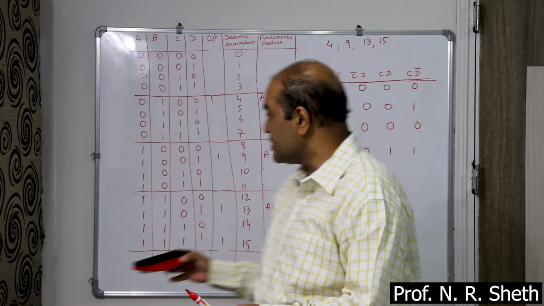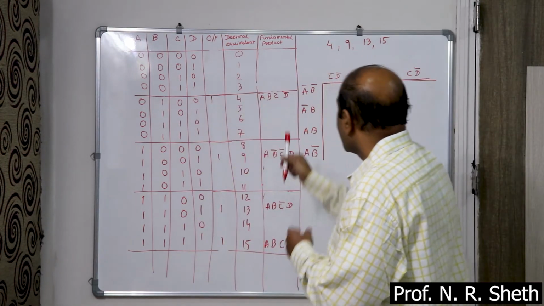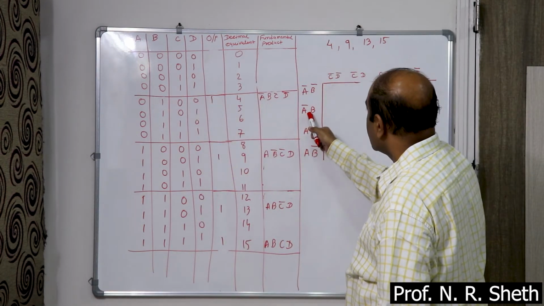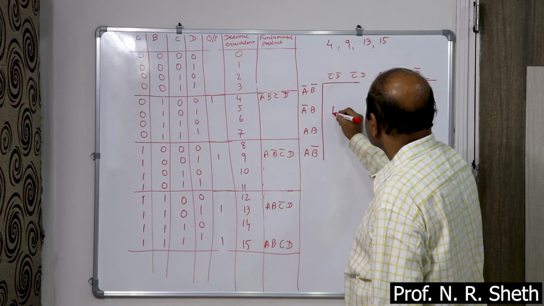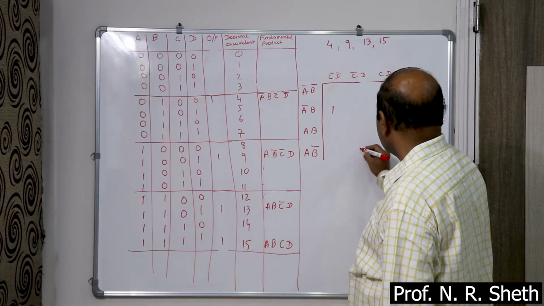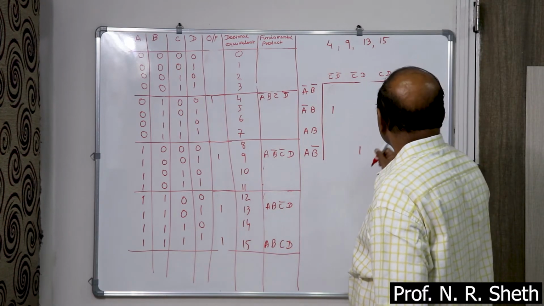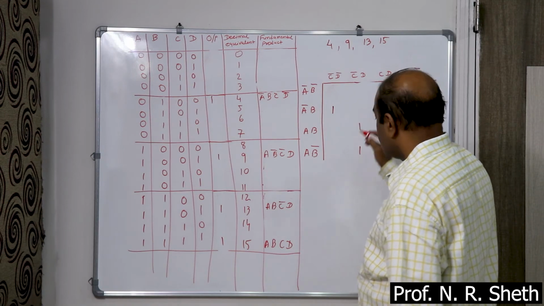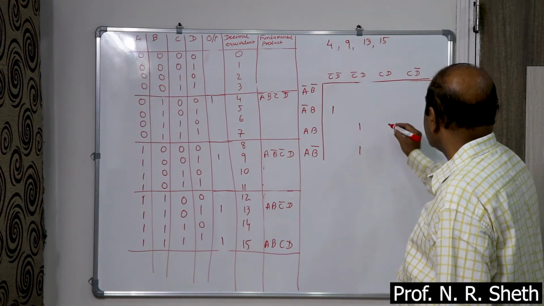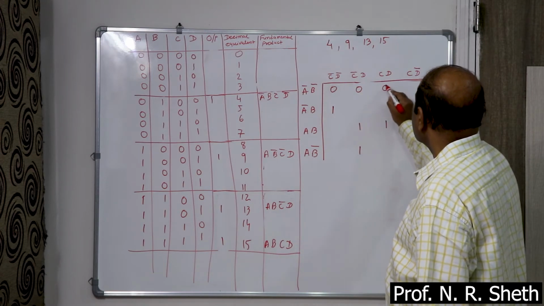And with entries in your K-map, A bar, B, C bar, D bar here. A, B bar, C bar, D here. A, B, C bar, D. A, B, C, D. So remaining positions zeros.